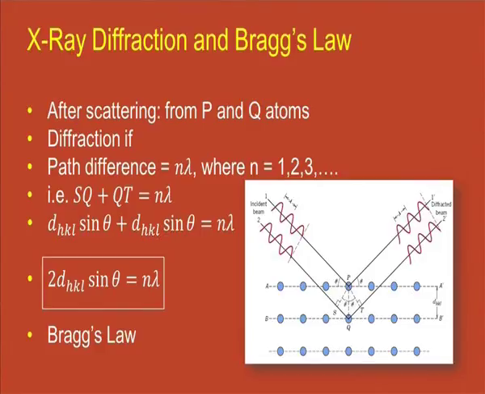As you can see from this image, the path length is SQ plus QT, which should be equal to n lambda to give constructive interference, and this path length is 2 d_hkl sin theta equal to n lambda. This formula is called Bragg's law.